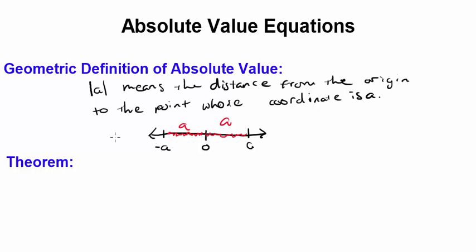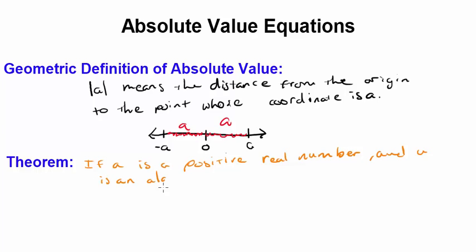Our theorem states: if A is a positive real number and U is an algebraic expression, then we know this is true.